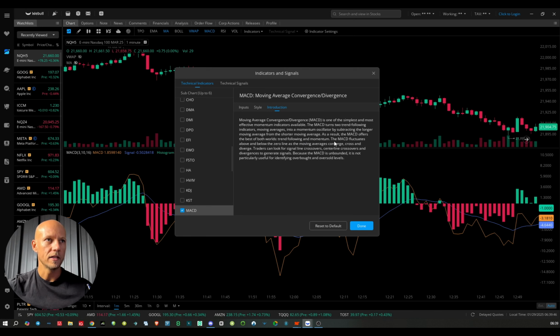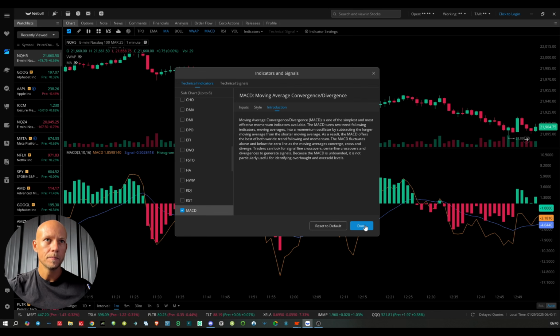As a result, the MACD offers the best of both worlds, trend following and momentum. It fluctuates above and below this zero line, and because the MACD is unbounded, it's not particularly useful for identifying overbought and oversold levels. So it's not created in that way.